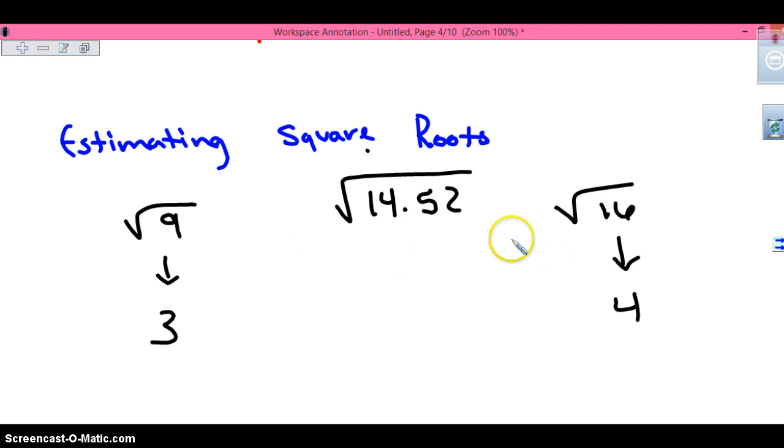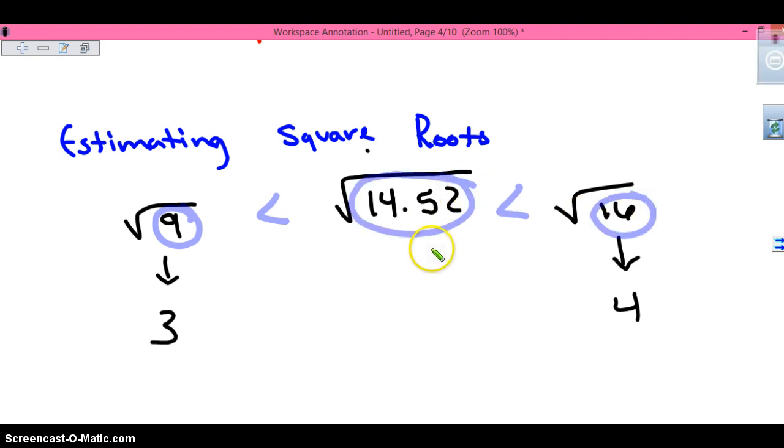So why did I choose these numbers? Because they're the closest numbers. See how 9 is less than 14.52 and 14.52 is less than 16. So I'm concentrating on the radicand, right?